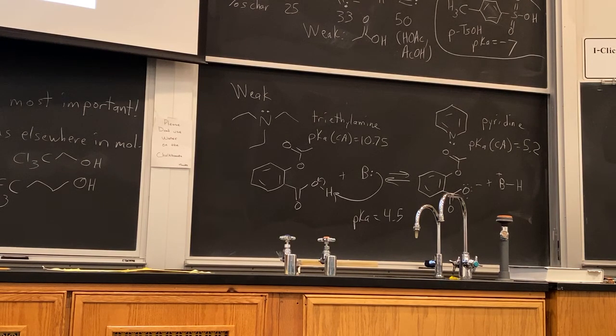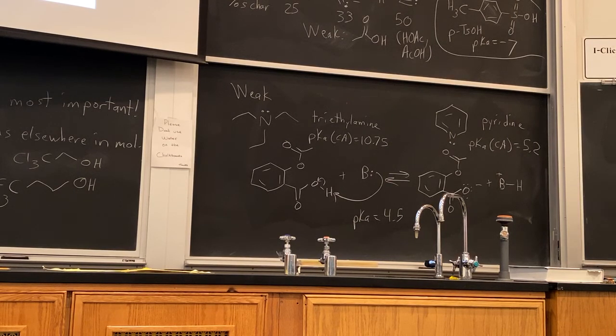But what we're going to talk about aspirin is what it does in our body once we ingest it, okay? After we swallow aspirin, where does it go? It goes into our stomach. What kind of environment do we have in our stomach, acidic or basic? Our stomach is acidic, okay? So in the stomach, would you have a higher concentration of B or BH plus? You'd have a higher concentration of BH plus.